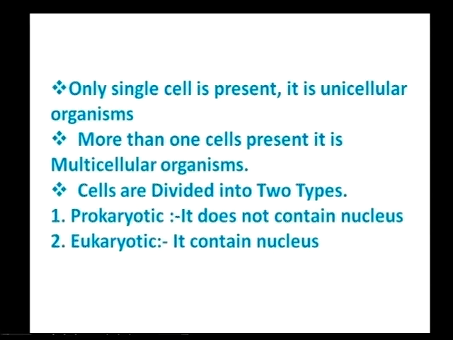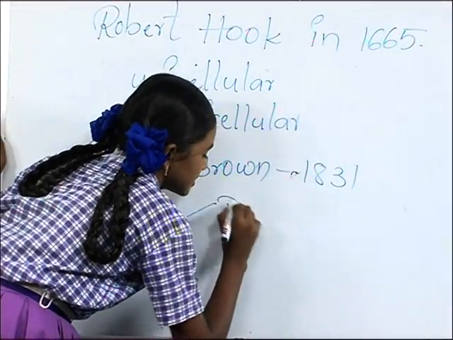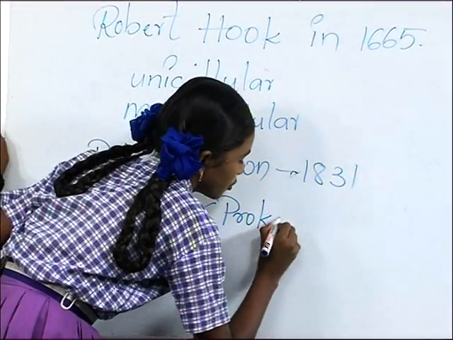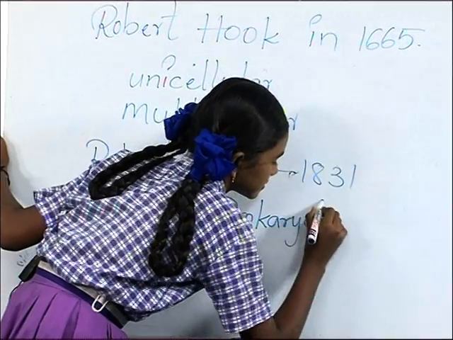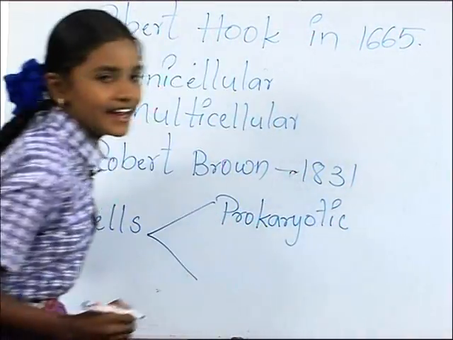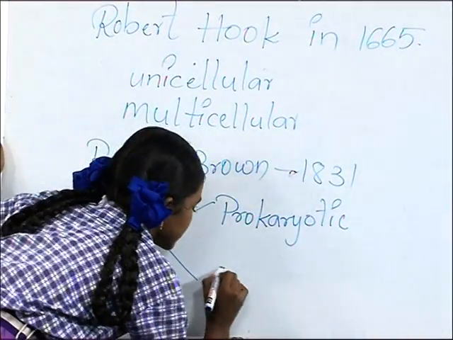Cells are of two types. They are prokaryotic cells and eukaryotic cells.